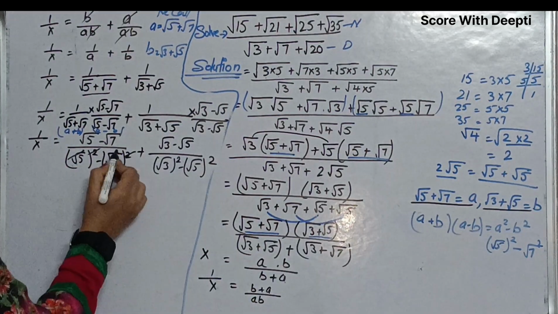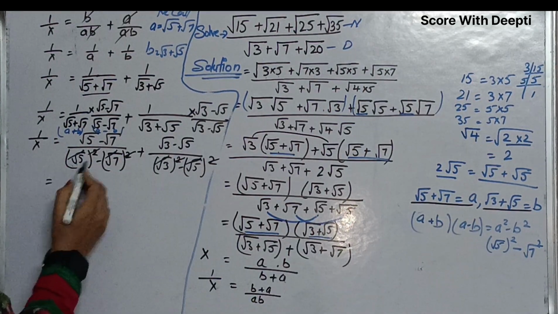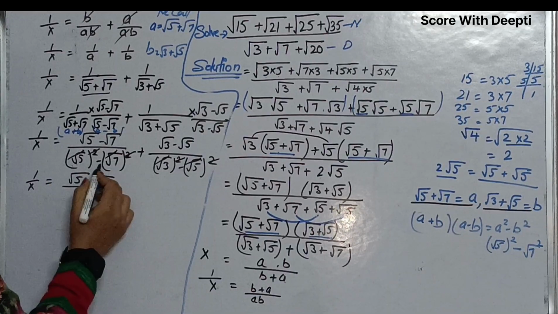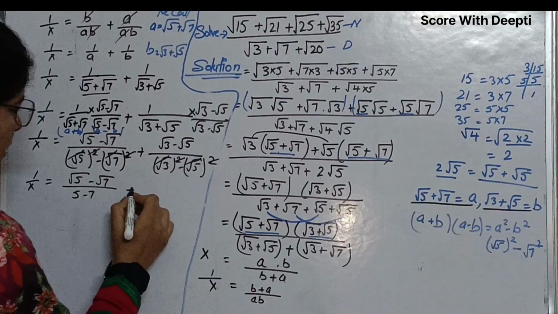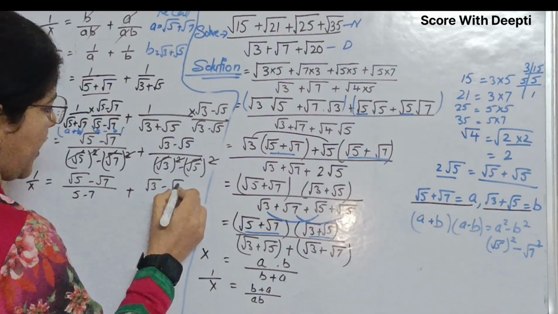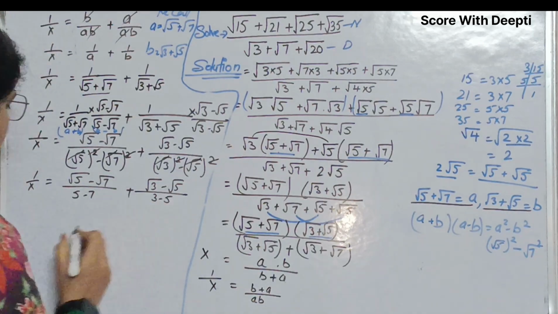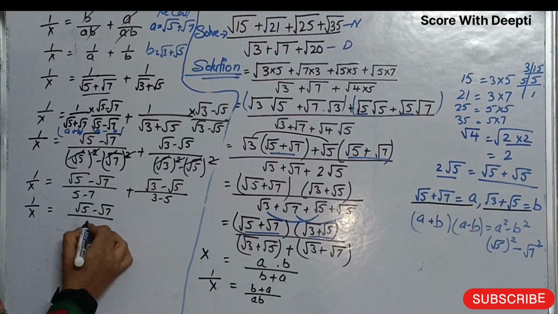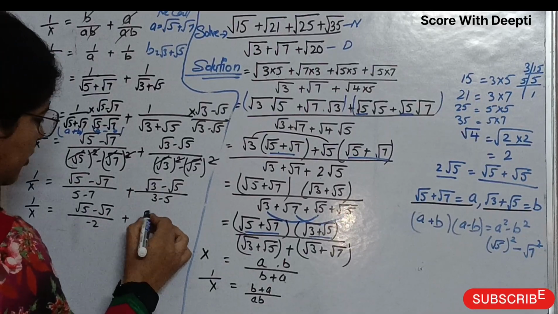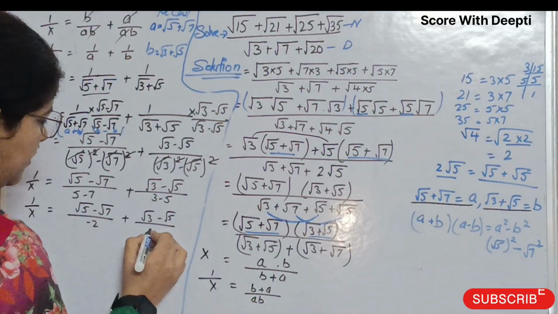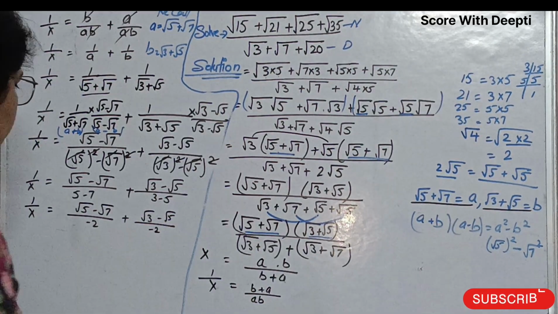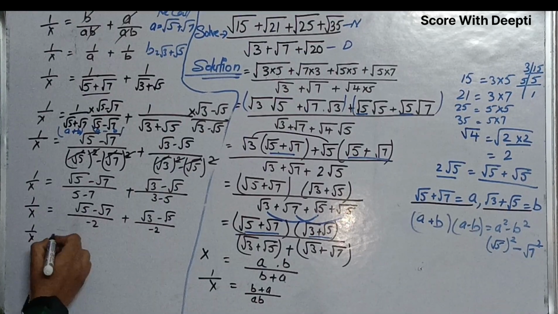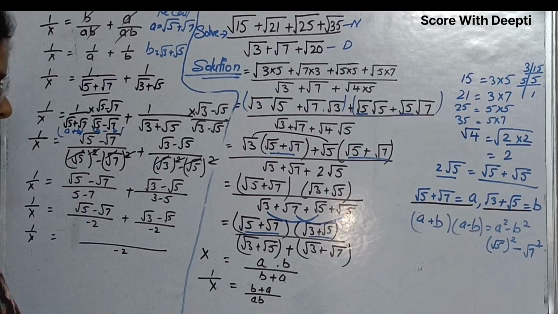Next, square cancels with square root in both the terms, and we get 1 over x equal to square root 5 minus square root 7 over 5 minus 7, and in this term square root 3 minus square root 5 over 3 minus 5. Next we solve this and get 1 over x equal to square root 5 minus square root 7 over minus 2 plus square root 3 minus square root 5 over minus 2. Now we take the LCM of these terms, with minus 2 as LCM.